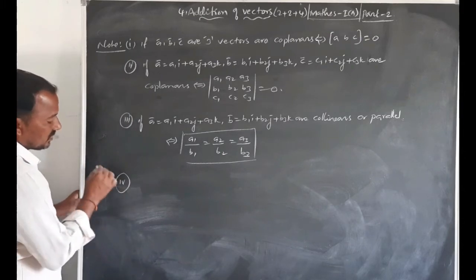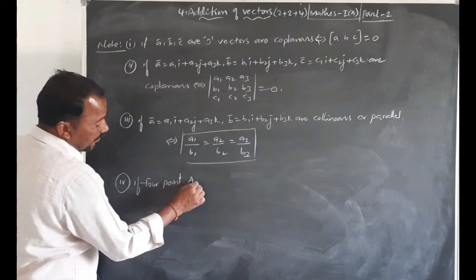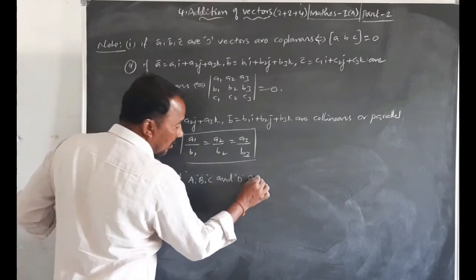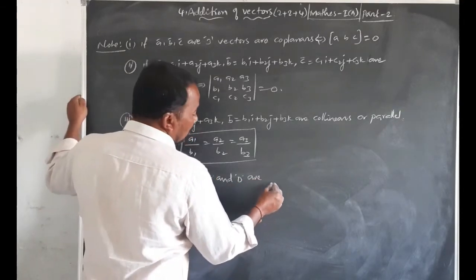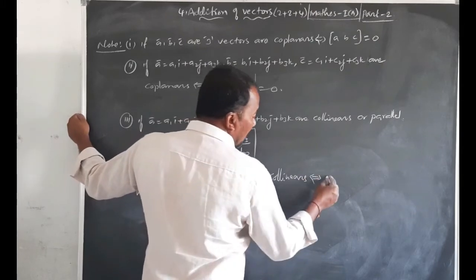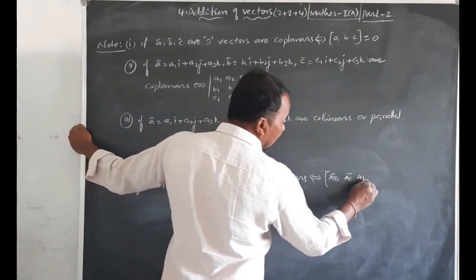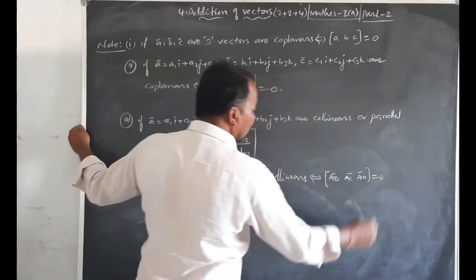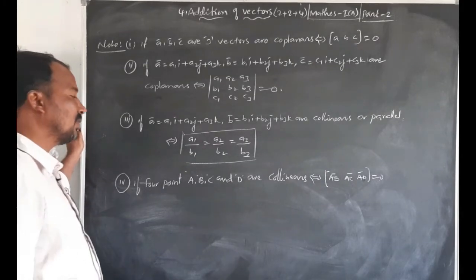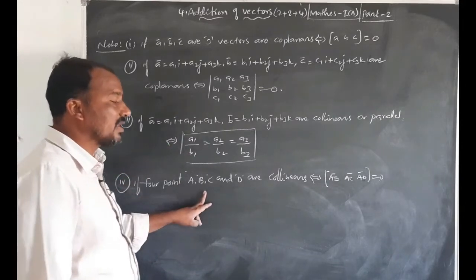Next point: four points A, B, C and D are collinear if and only if box AB, AC, AD equals 0, or BA, BC, BD equals 0, or CA, CB, CD equals 0.